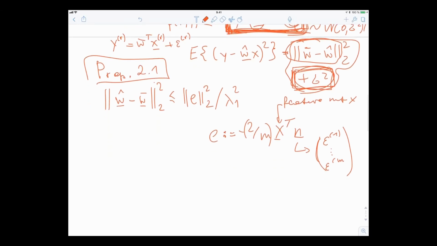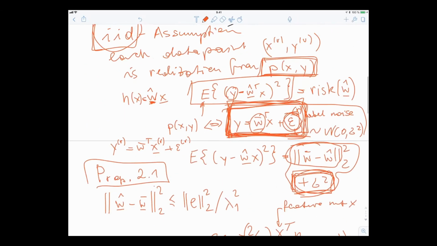Okay, and what is lambda 1? Lambda 1 is the smallest eigenvalue of the matrix Q. So this matrix Q, again, just to write it here, is 1 over m X transposed times X. And this matrix is really important not only for the computational properties, as I said before.